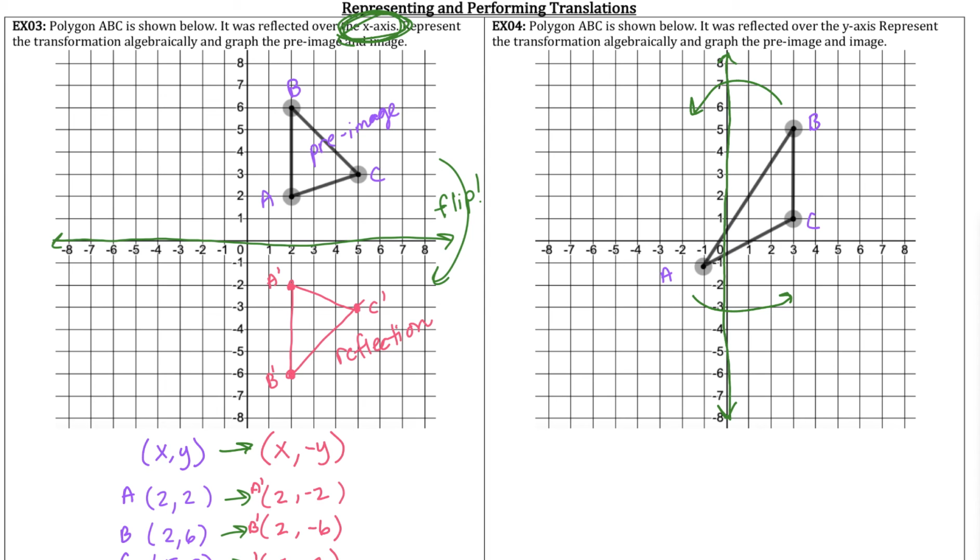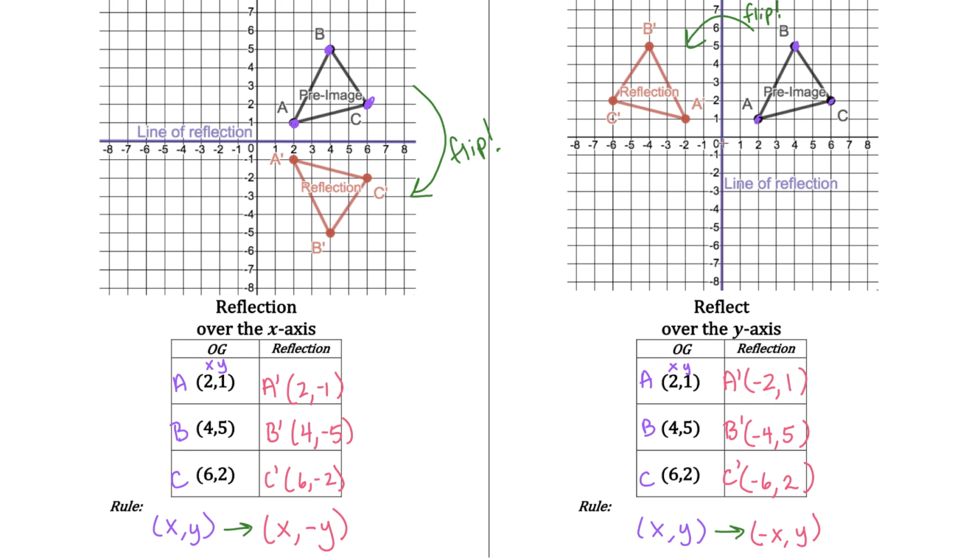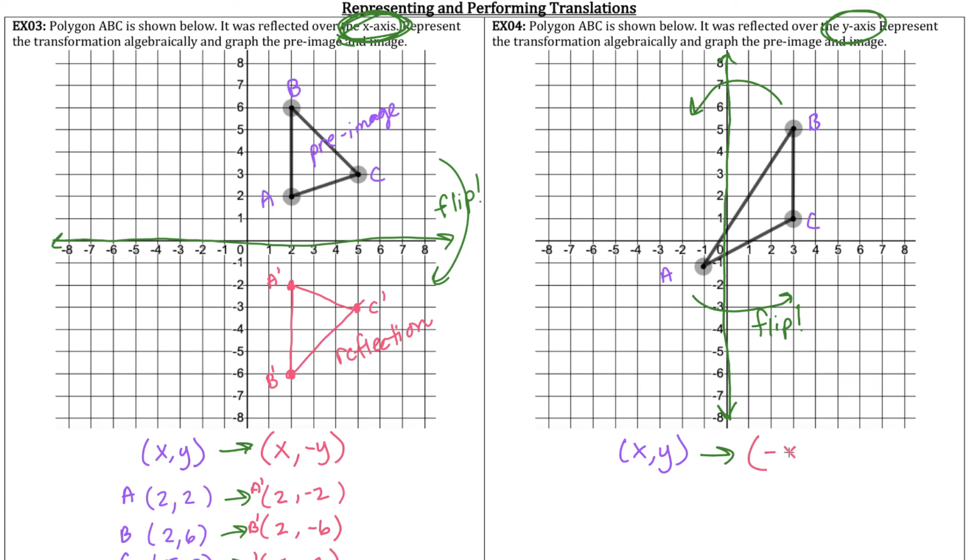Okay. So we have x, y's, and we are reflecting, which is a flip. And then it becomes, this is over the y-axis, right? Over the y-axis. So let's look. That is negative x comma y.